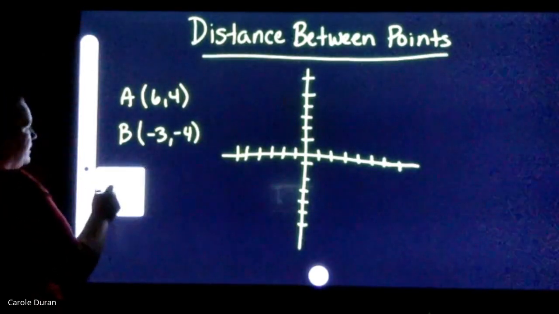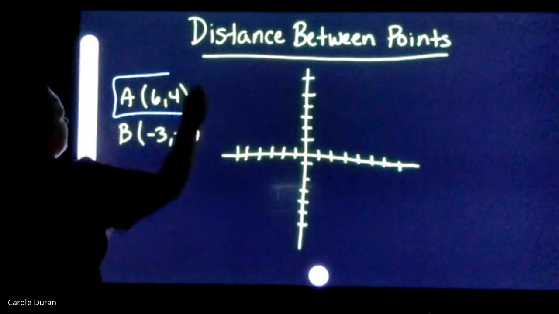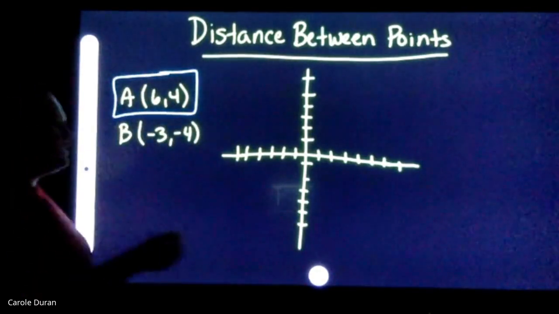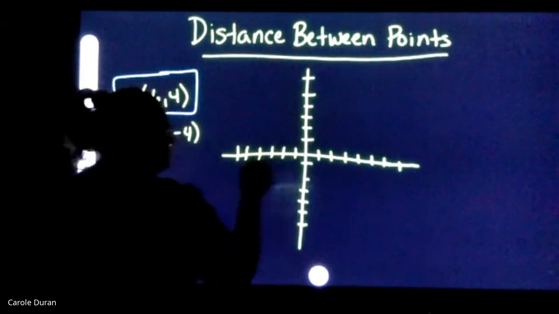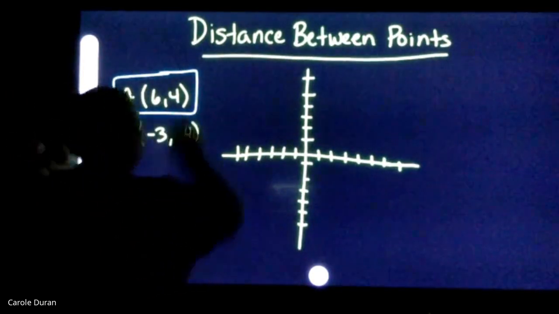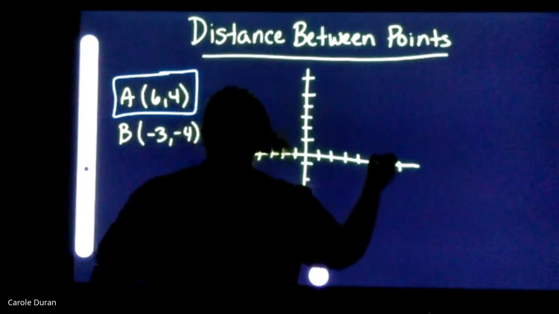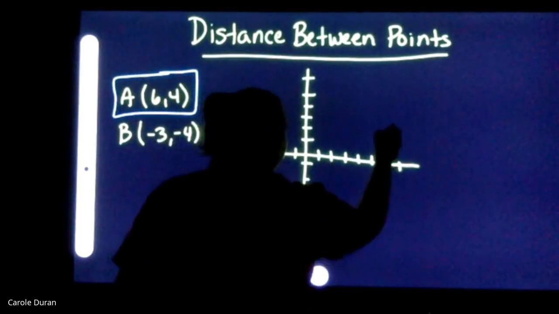So the first thing I'm going to do is plot point A, which is at the coordinates (6, 4). So from (0, 0) here, which is where my axes cross, I'm going to move right 6, and then I'm going to move up 4.